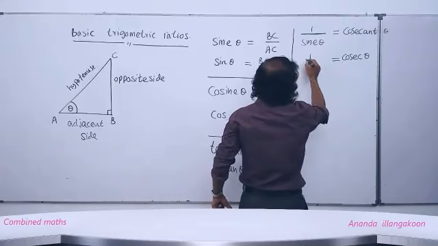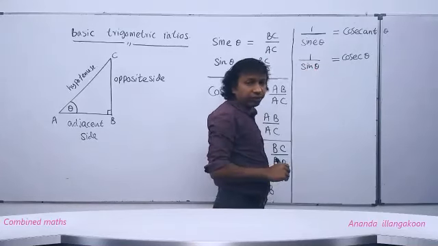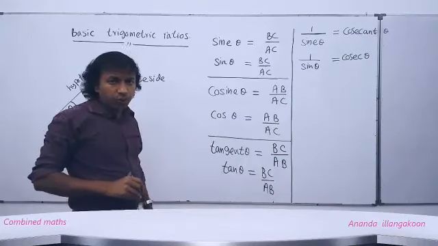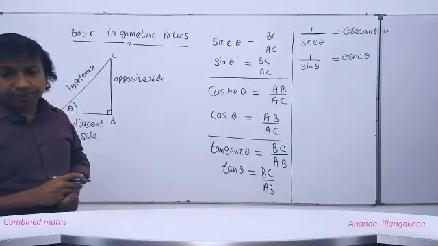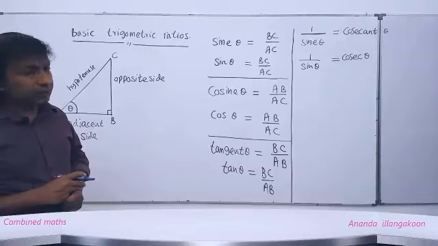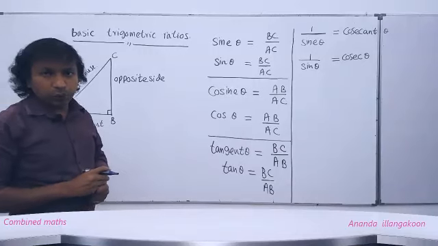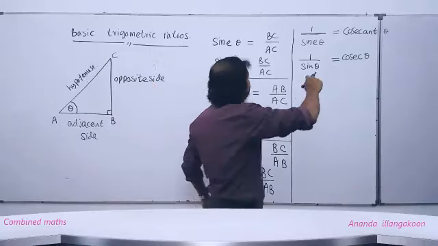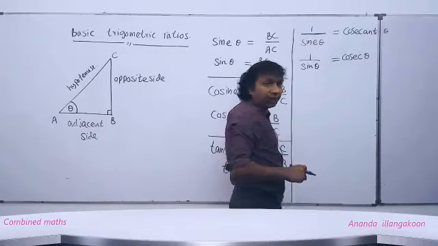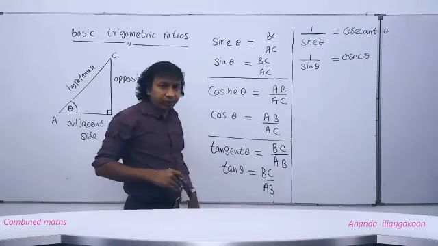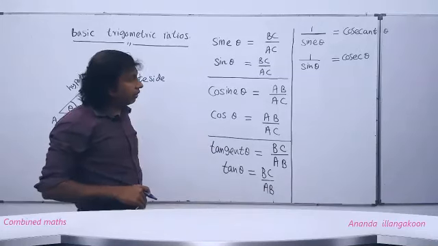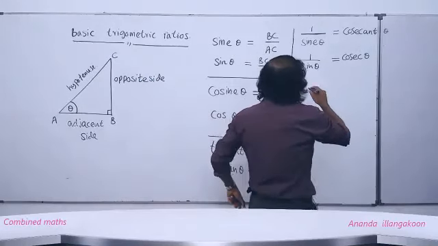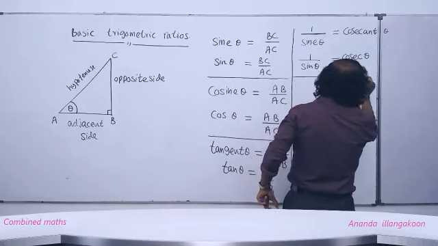Then 1 upon sine theta is cosec theta. That is a new trigonometric ratio. Cosecant theta is the ratio 1 upon sine theta. That means reciprocal of sine theta. This way we can write it. Okay. So this is the fourth one.